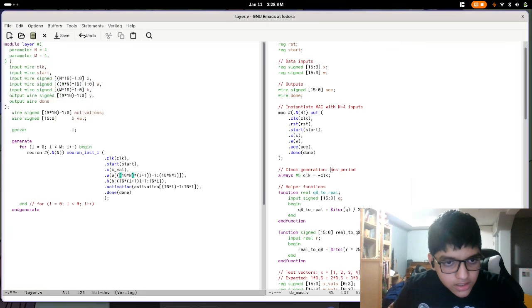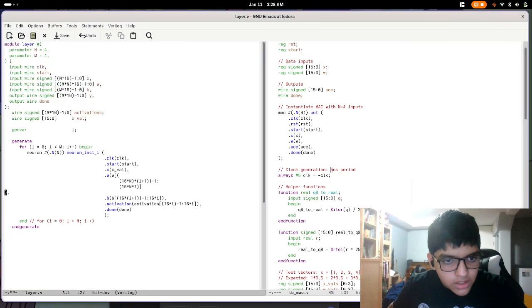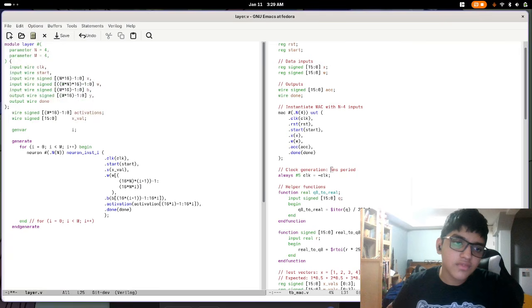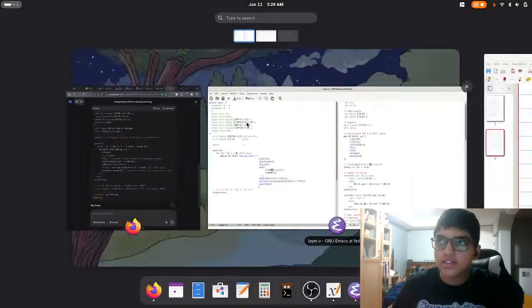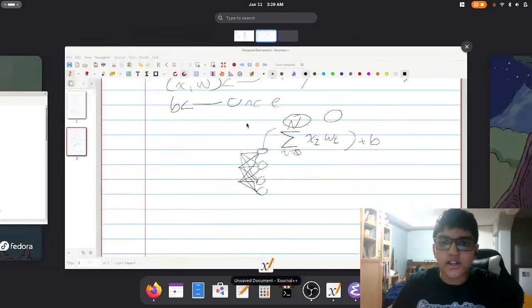This is 16 times n times I plus 1 minus 1 times 16 times n times I. I feel there's no way that there's not an off by 1 error hidden here.